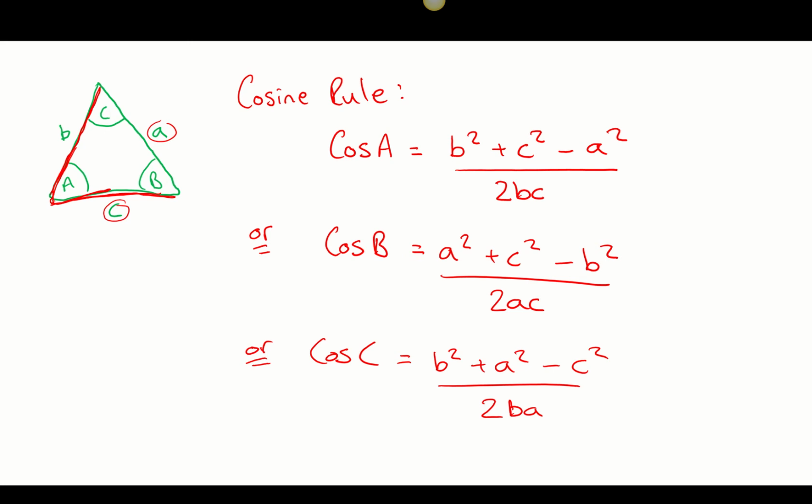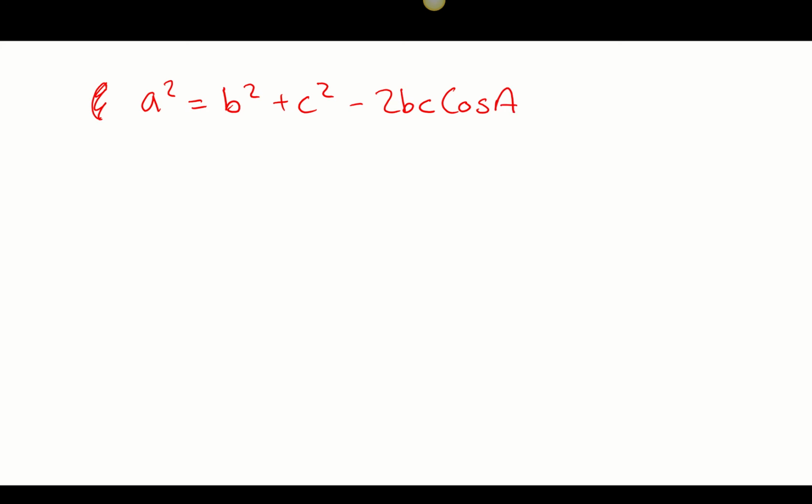You go through a manipulation, and I'll not go through the whole manipulation, but ultimately it comes out that A squared will equal B squared plus C squared minus 2BC cosine of A.